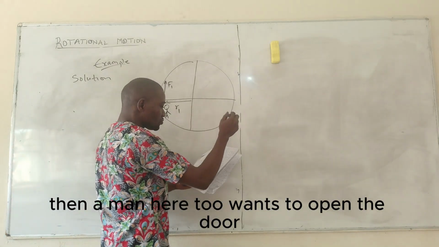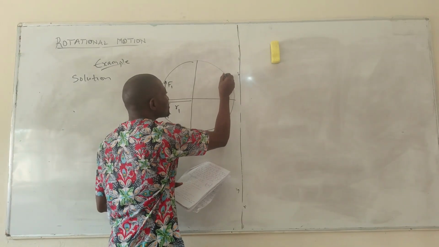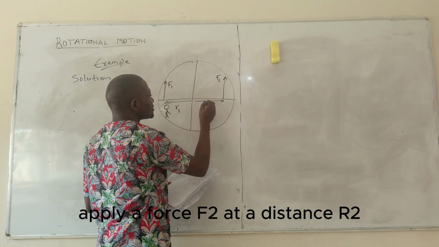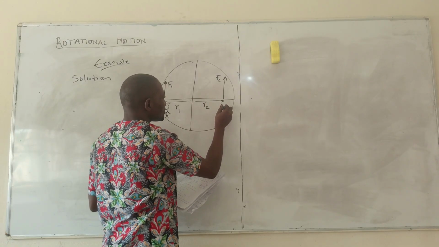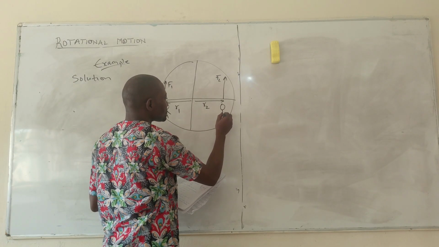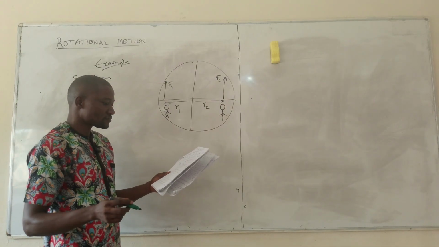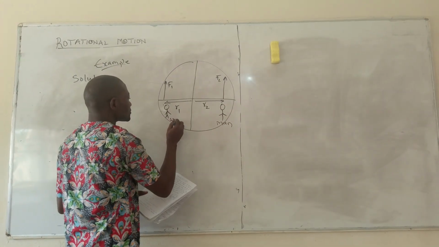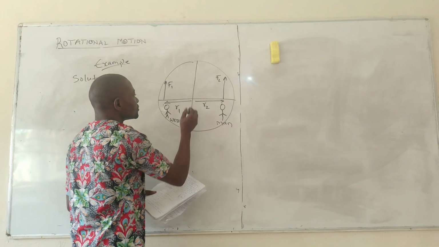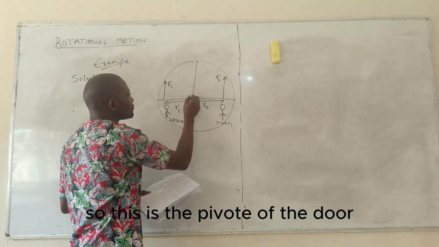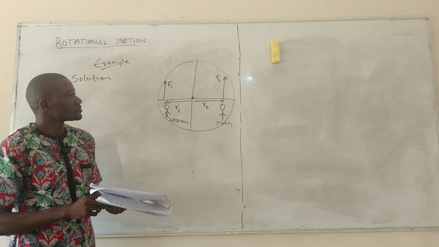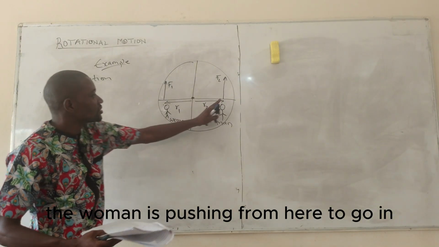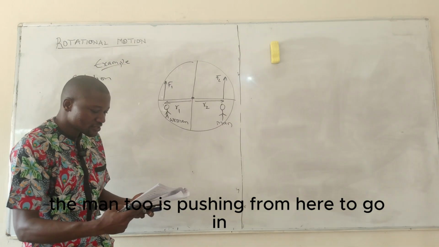Then a man here too wants to open the door, applying a force F2 at a distance R2. So this is a man. This is the pivot of the door. It's a revolving door. The woman is pushing from here to go in. The man too is pushing from here to go in.